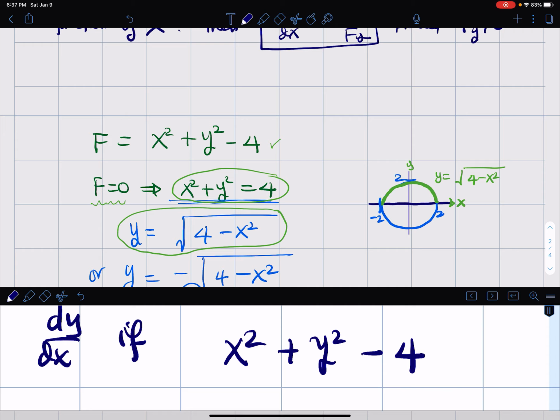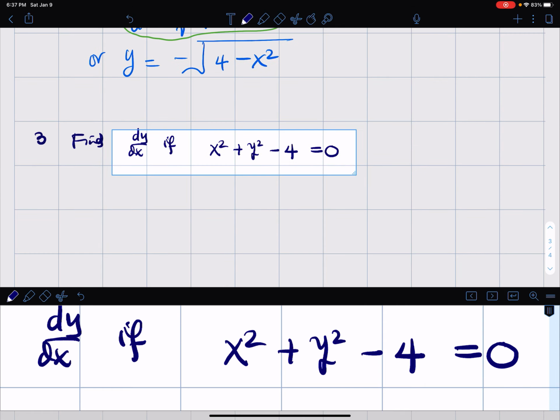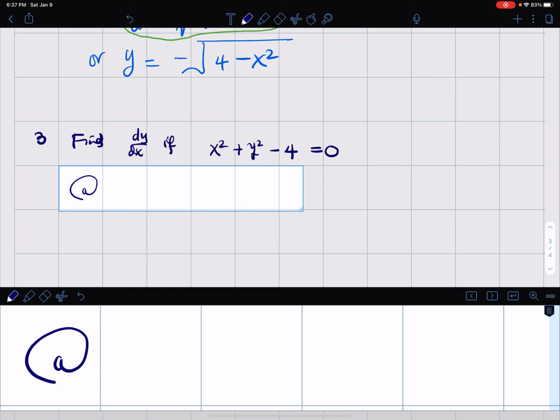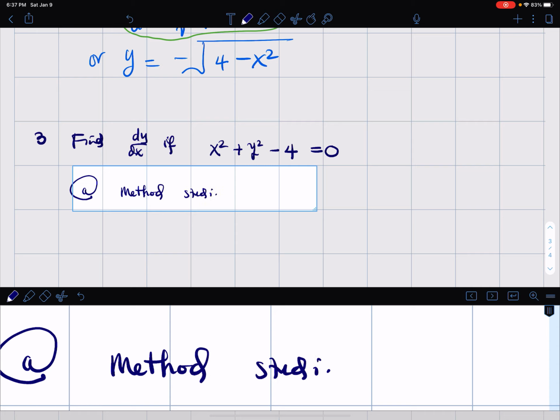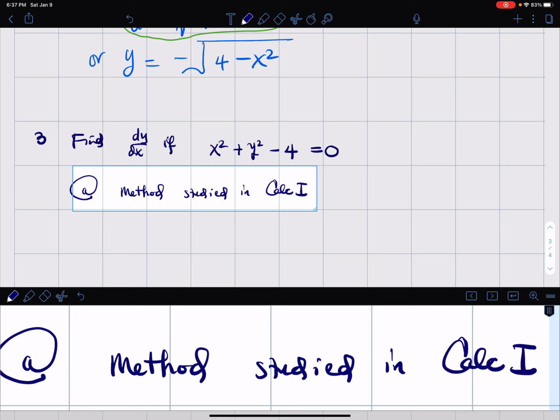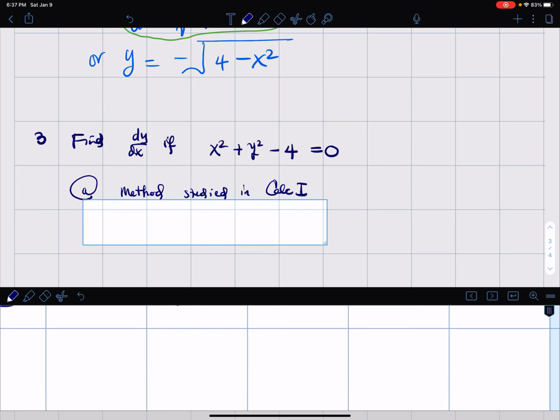And we have to do it two methods. One, using the implicit differentiation method you studied in Calc 1.